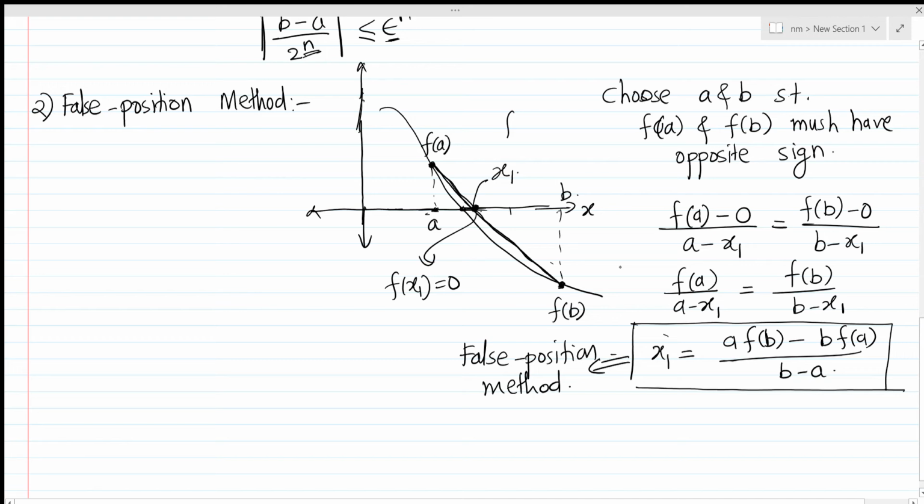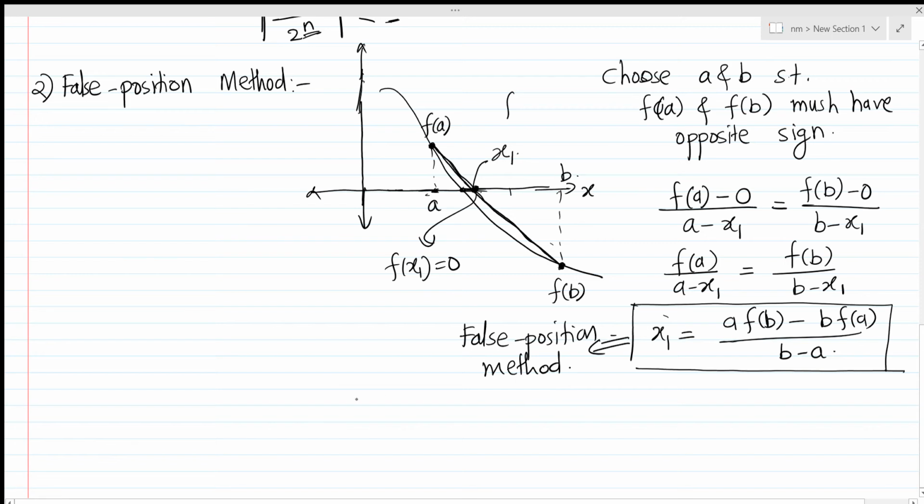We can update x1. After finding x1, we check the sign of f of x1, and if f of x1 and f of a have different signs, then assign x1 to b and use the above formula for the next iterate.